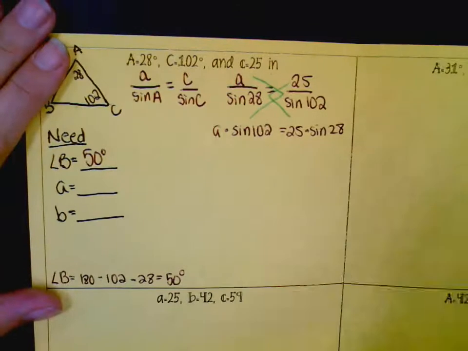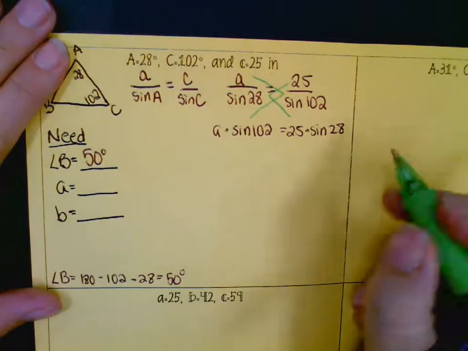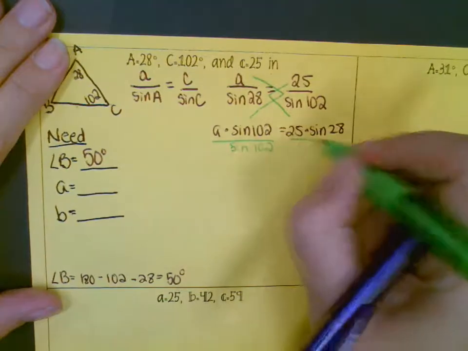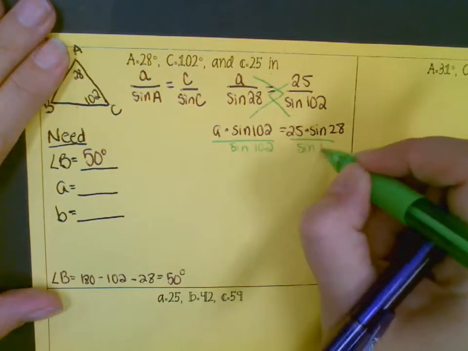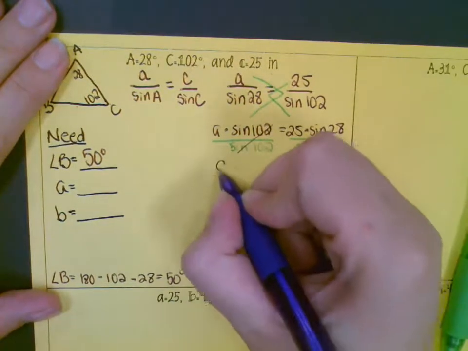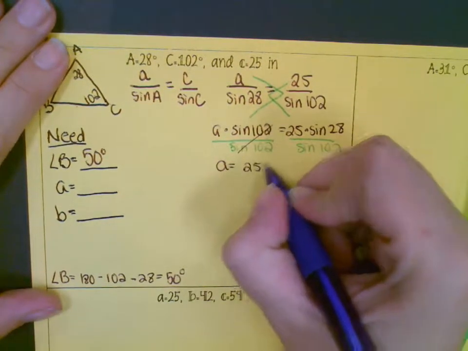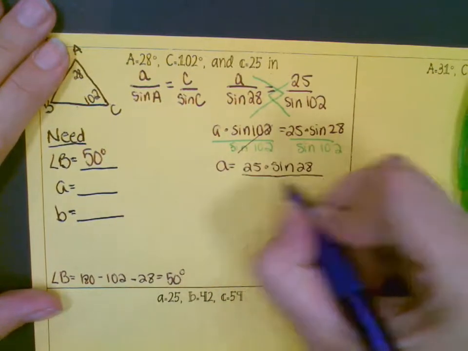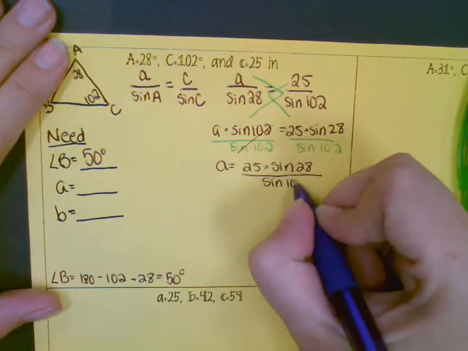And then how do we get A by itself? Very good. We'll divide by the sine of 102. And so A is equal to 25 times the sine of 28 over the sine of 102.